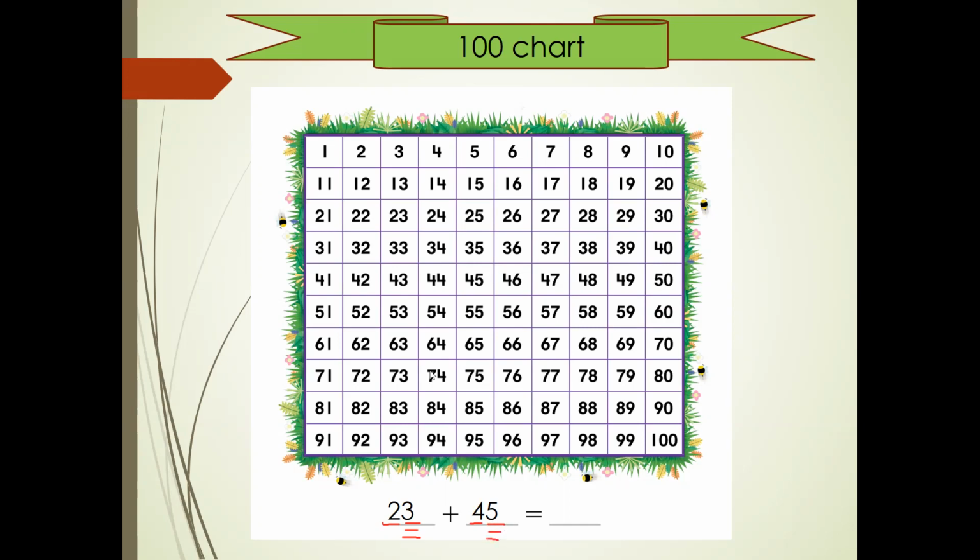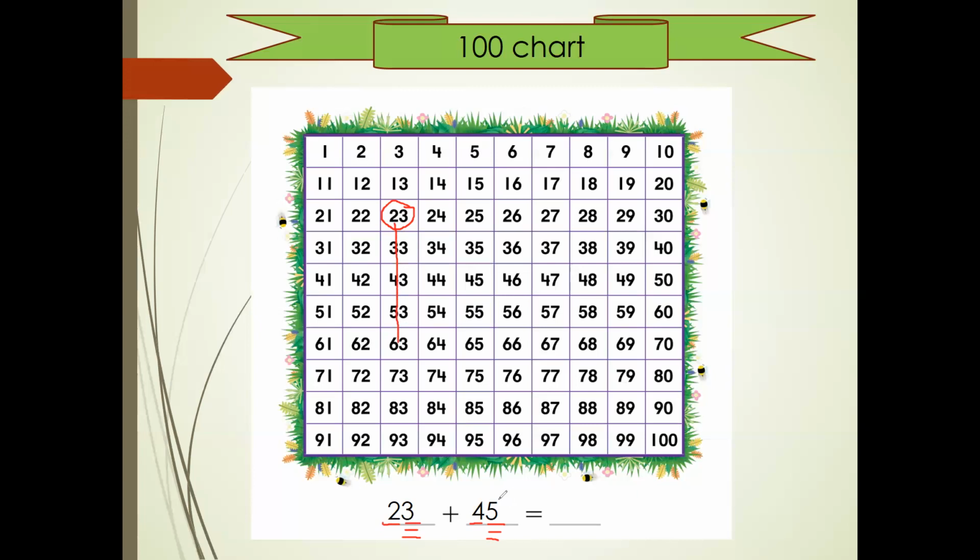And now 4 simple steps how to use the 100 chart. I start with number 23. How many tens do I need to add? 4 tens. So I go down 4 tens: 1, 2, 3, 4.